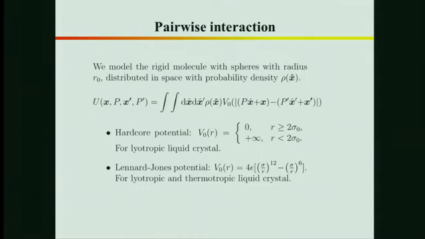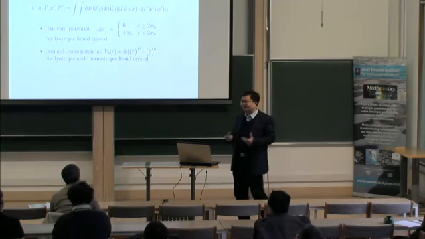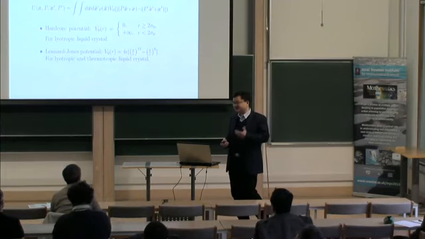So this model could be used for lyotropic and thermotropic liquid crystals. For the hardcore, we can do some analysis analytically. But if you use the non-hardcore potential, this is good, but difficult to analyze.